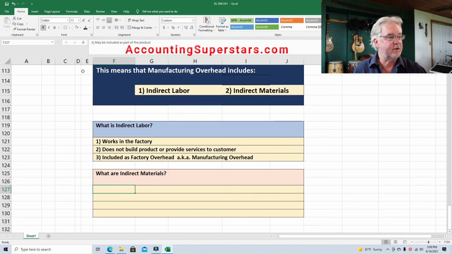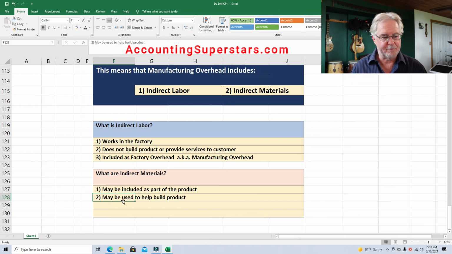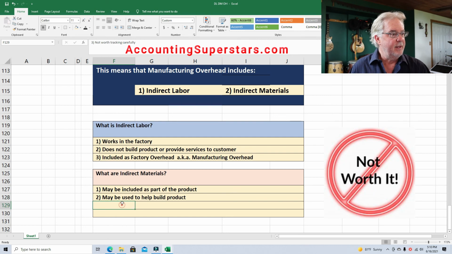So what are indirect materials? They might be included as part of the product, like salt and pepper, that's part of the food product. Or they may be used to help build the product, maybe like the sandpaper example, doesn't become part of the finished product, but it's important. It's a material that's used up. Number 3, not worth tracking carefully.